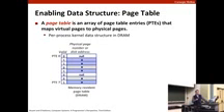So every process has its own page table. It's an array of so-called page table entries, or PTEs, where PTE K contains the physical address of physical page K in DRAM.